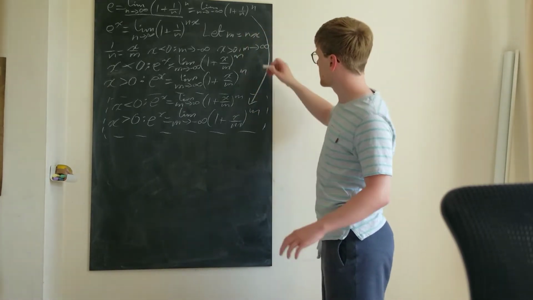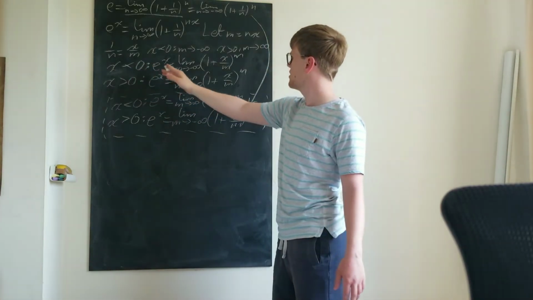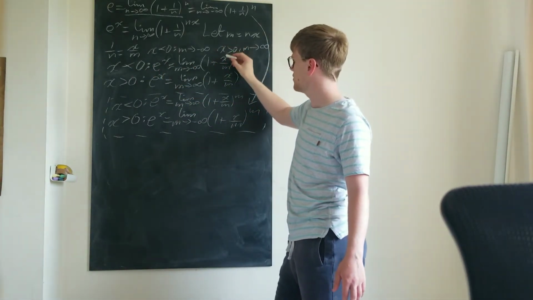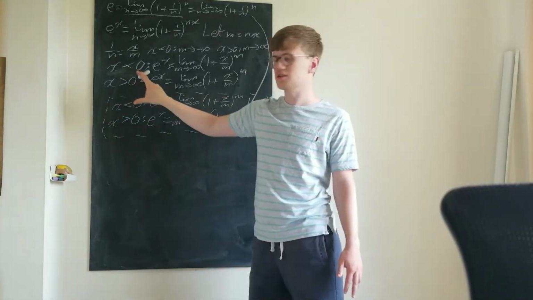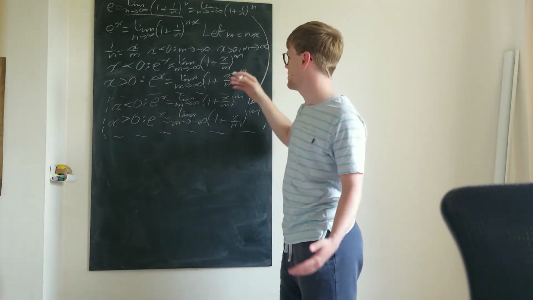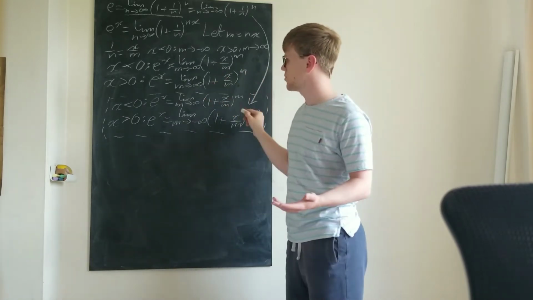And now we can combine these two. So for x less than 0, we have e to the x equals limit as m approaches negative infinity and positive infinity of the same expression. And for x greater than 0, we have e to the x equals limit as m approaches infinity and negative infinity for this expression again.